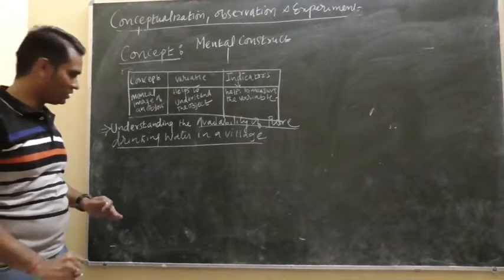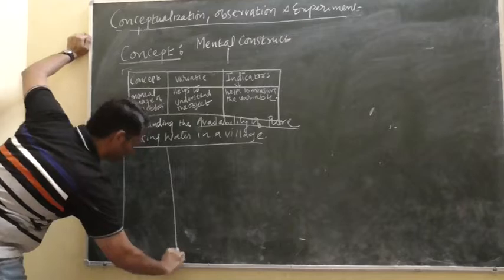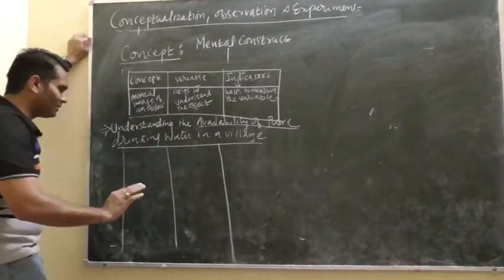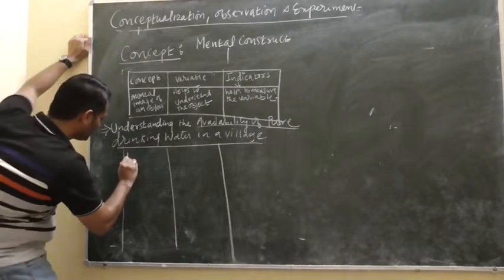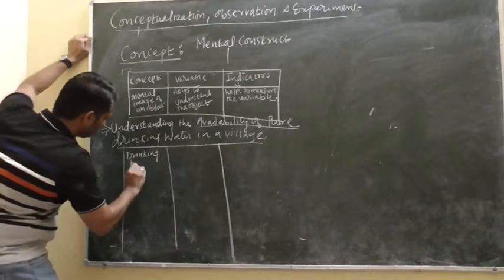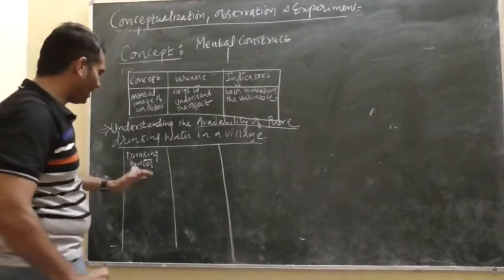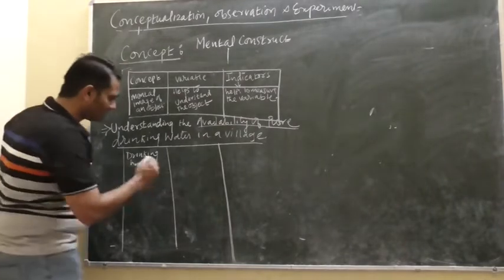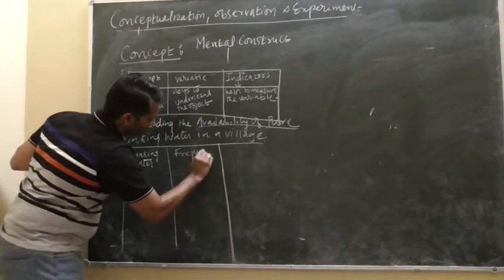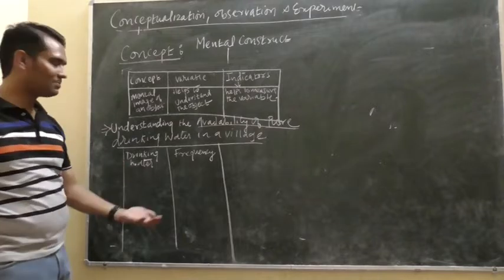The first concept, number one, very simple. I would like to keep it very simple. The first one is drinking water. First of all, I would like to know the frequency of drinking water which comes through the municipal corporations.